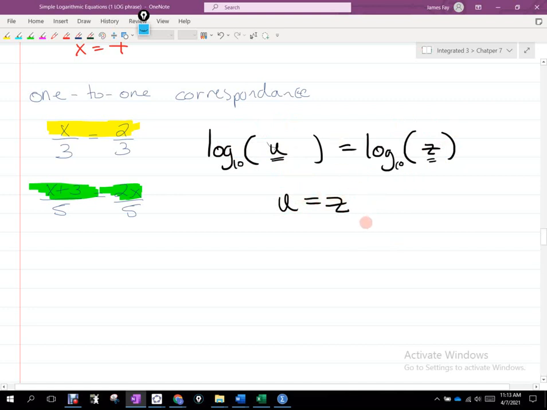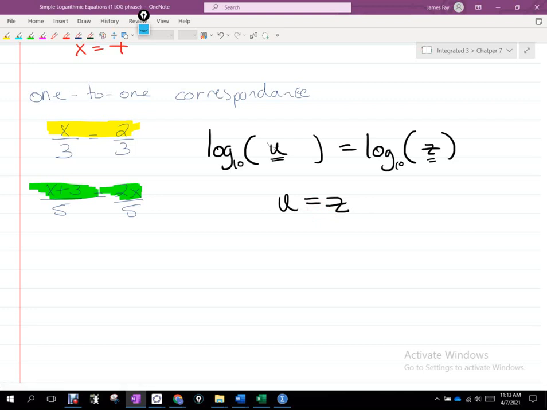So you can make that jump straight to that. Maya? No. If the bases are different, it's called a change of base formula, and it gets very messy, we're not going to do those.